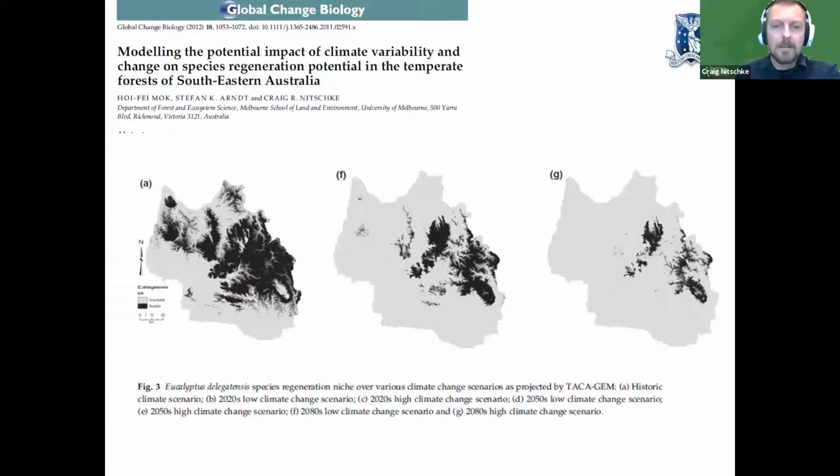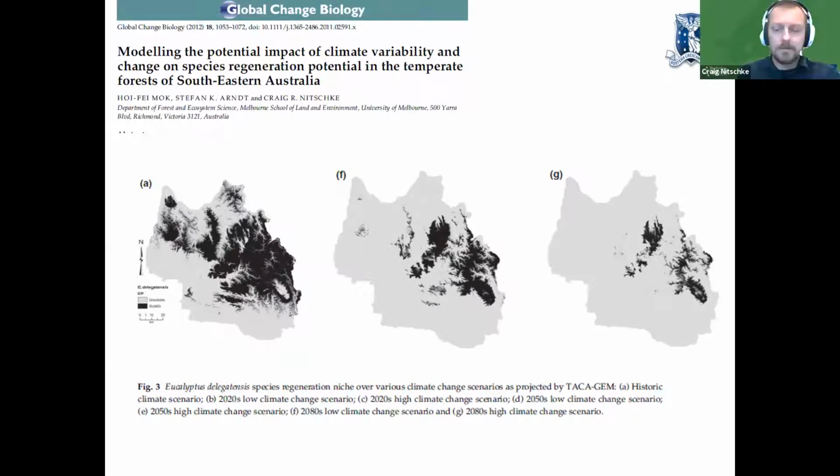And these kinds of tools allow us to explore how the distribution of this species might change over time. Now, if you're an animal reliant on alpine ash forest, this change in the amount of area that alpine ash occurs in, or where it could occur, could have implications for you.